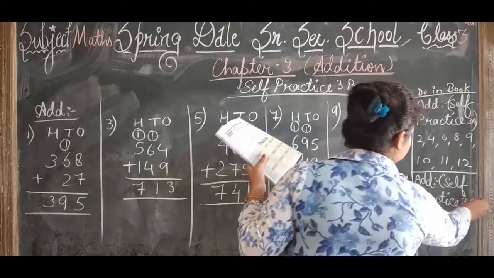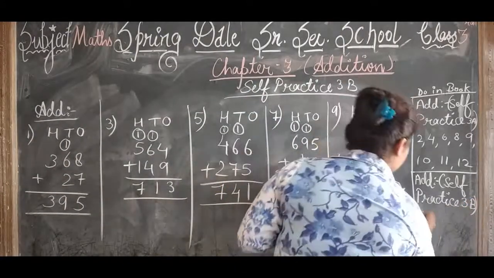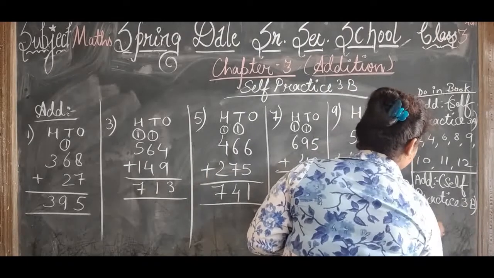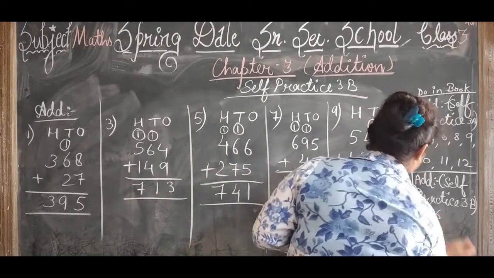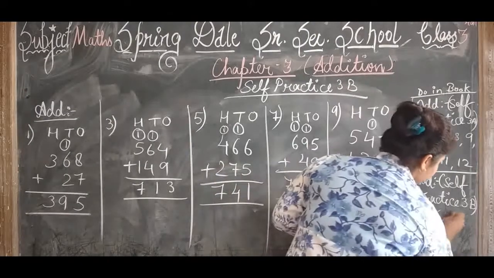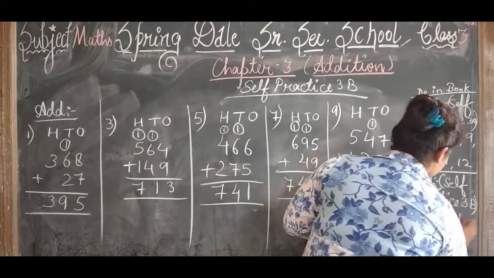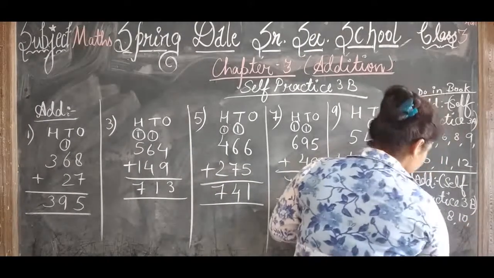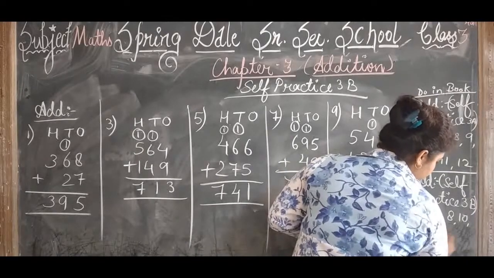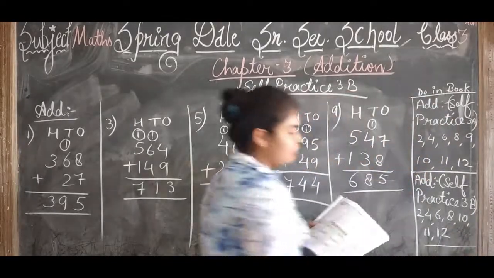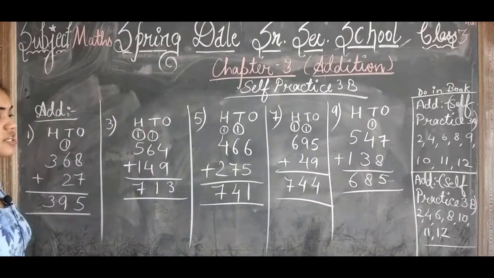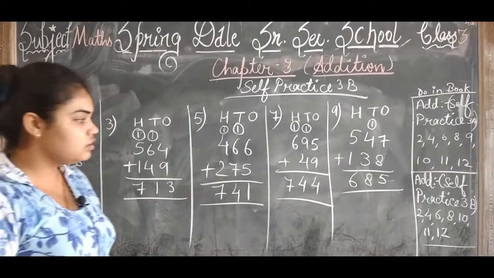First we are having 2, 4, 6, 8, 10, 11 and 12. You have to write this homework in your diary so that you will not forget to do it in your textbooks.